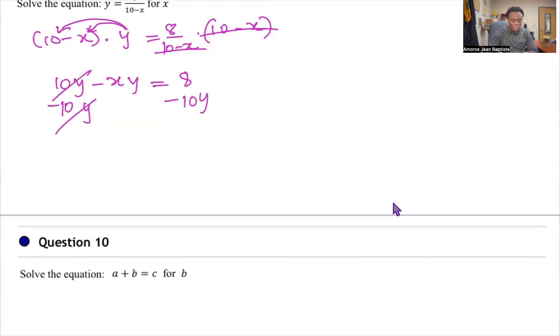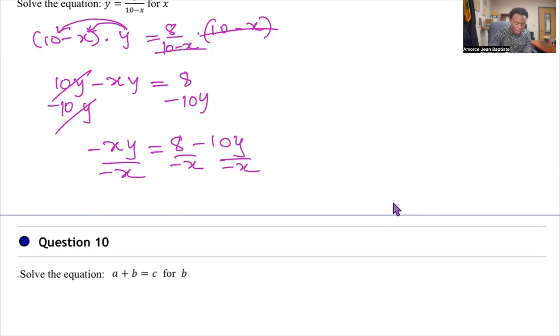So that cancels this over here, 0 to 0, and then you get negative XY equals 8 minus 10Y. So if I divide everything by negative Y, because I'm solving for X, so I can't divide by X. I should divide by whatever multiplies X, so I can remove it.